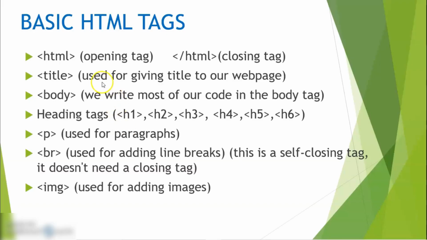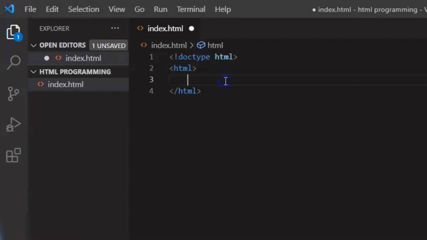Now the next basic tag in HTML is the title tag. Now the title tag is used for giving title to our web pages. The title tag should have a closing tag also. So now inside of our HTML tags, let's add a title tag. Now inside these title tags, we can give the name of our website.